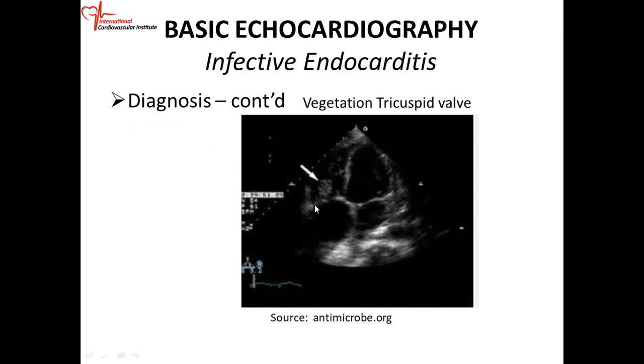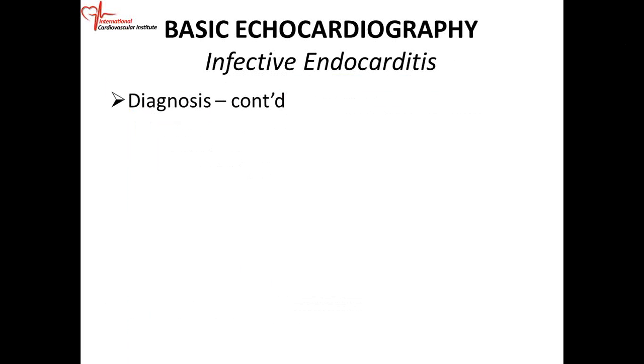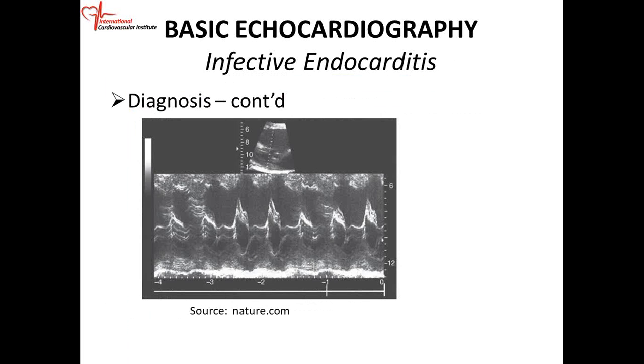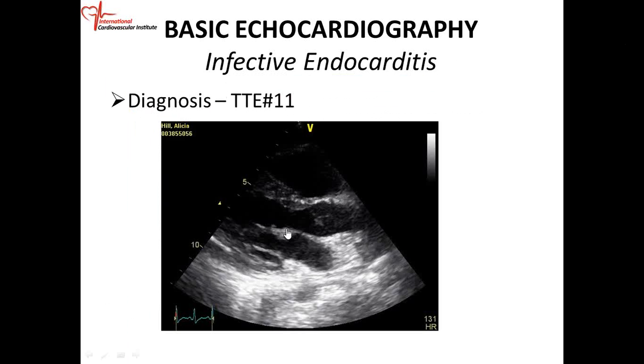Okay, so when you're reporting on the location of the vegetation, you have to say definitely where it is located. All right, and then M mode would also help you, if you see something looking like this, the mitral valve looks a bit thickened, shaggy, so there may be a vegetation or something going on there.